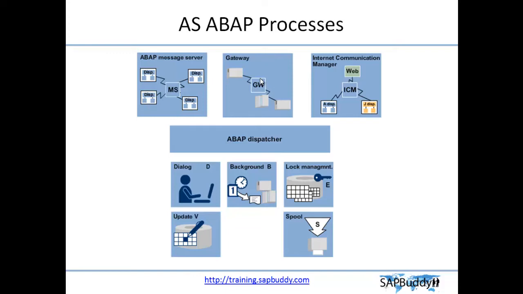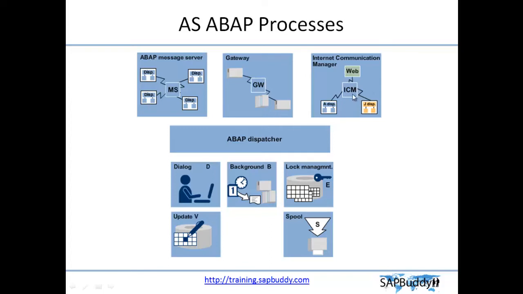The gateway service is by default available in each SAP system. However, you can also keep a gateway as a separate server, where you can connect all the SAP systems to the gateway server. The external request is first sent to the gateway server, then sent to the respective SAP system.